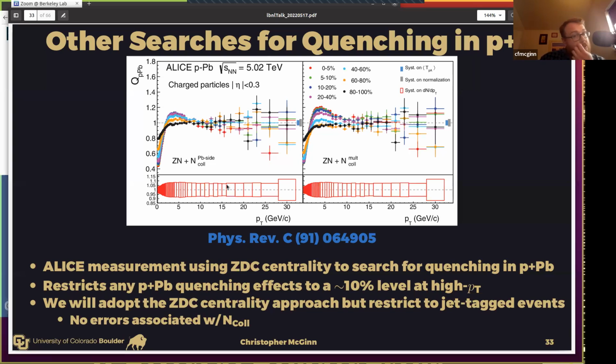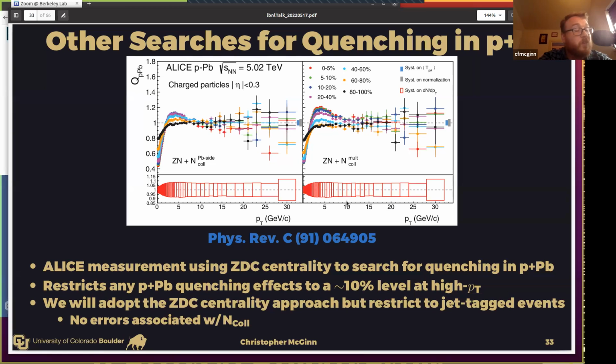You can see that you run out of statistics as you go to the highest pT, but you do have an answer that suggests that there is no suppression at, say, a 5 to 10% level. That's what I would say based on the statistical errors and the systematic bars that you see in the ratio panel in the bottom.